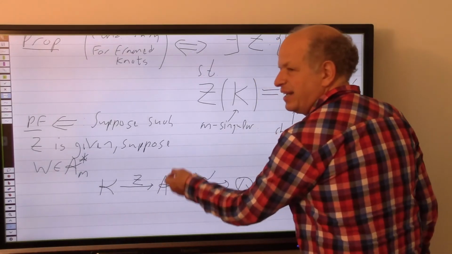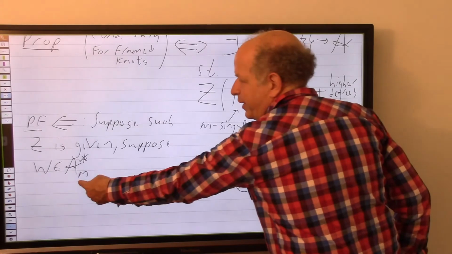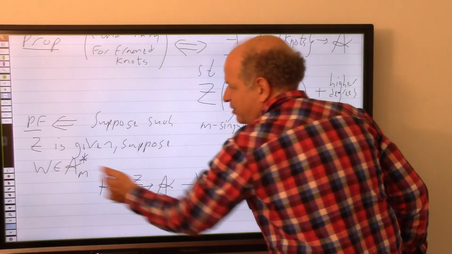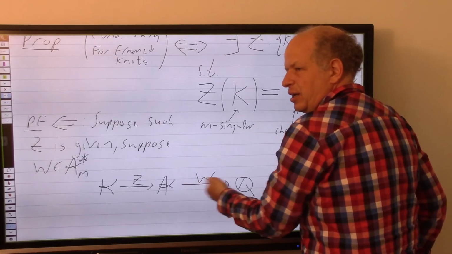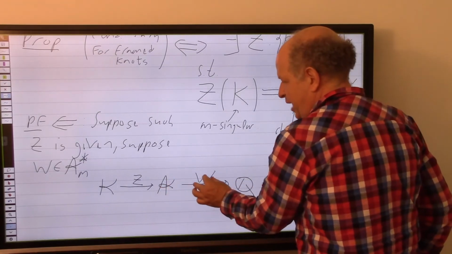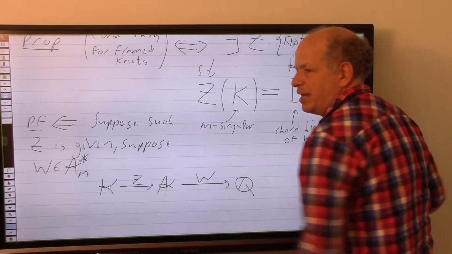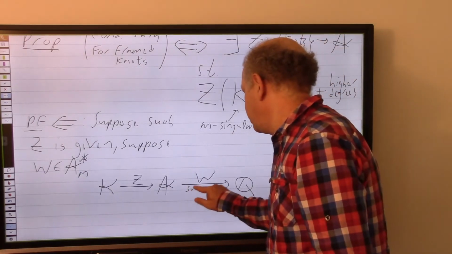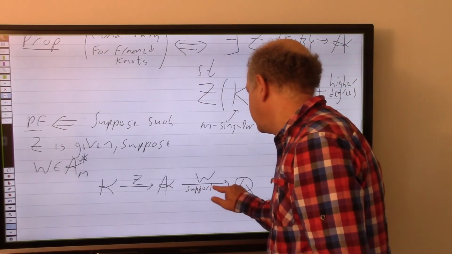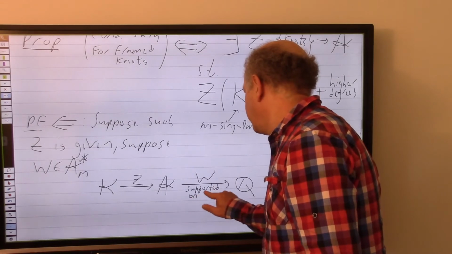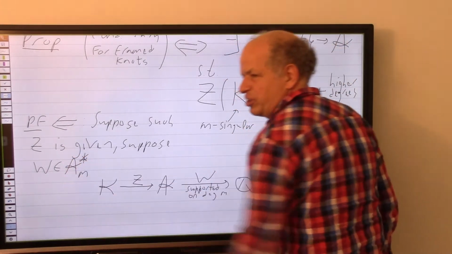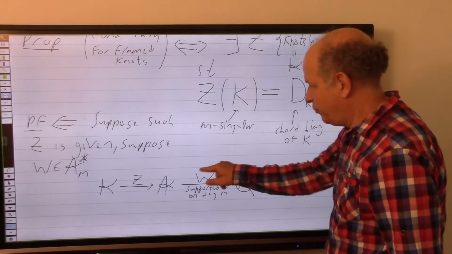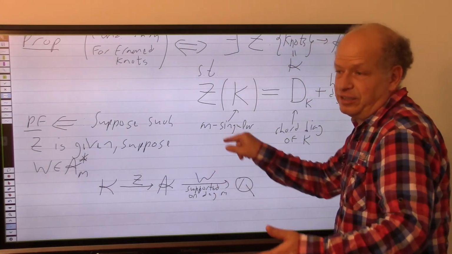So A is the direct product of all the AMs, so just extend W by 0 on all other degrees. So W is supported on degree m, and on degree m it's the W that was given.